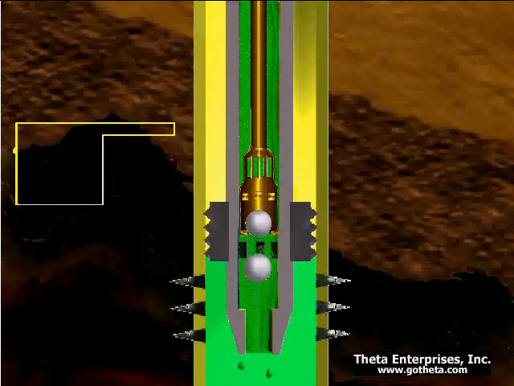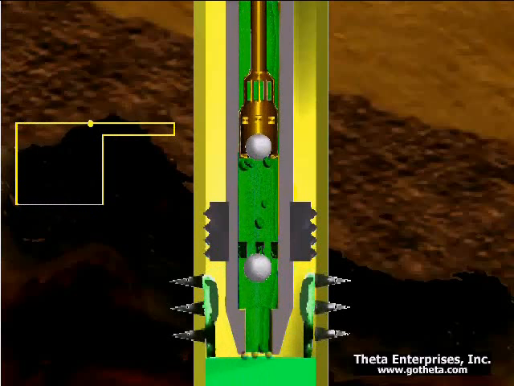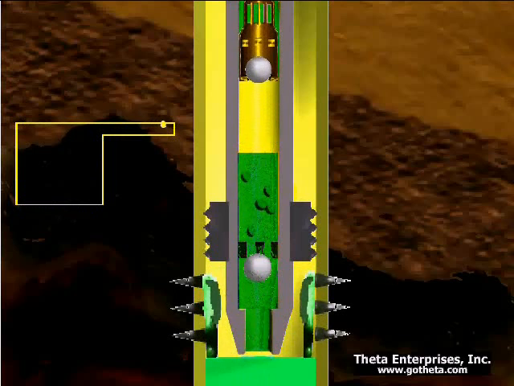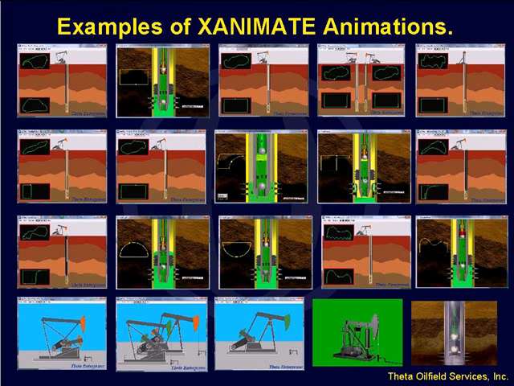So it's going to be low, but it's not a vacuum. And that's really the biggest difference between fluid pound and gas interference: in gas interference you have higher pressure gas, and in fluid pound you have lower pressure gas.